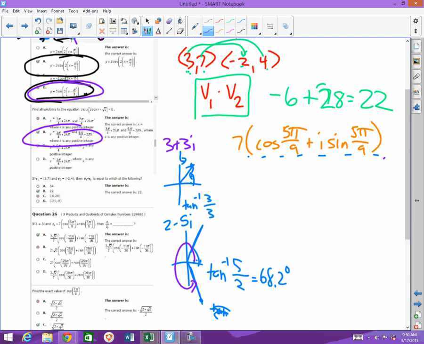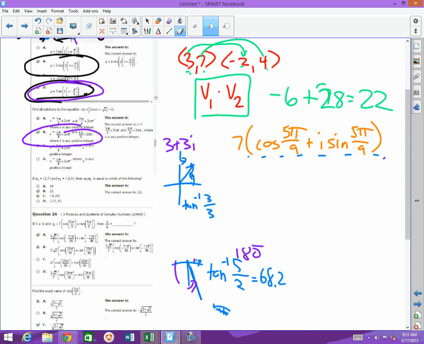So you would take 360 minus 68.2, and so then you would say 291.8 degrees would be your angle. Or if you have to get it in terms of radians, you multiply by pi over 180. Okay, but that's how you find it.